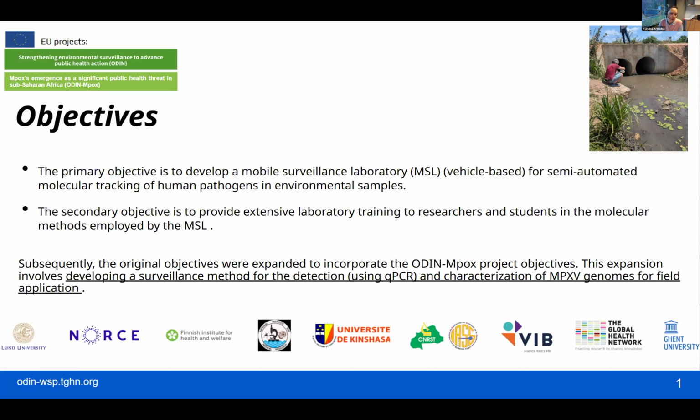The main objective is to develop a mobile surveillance laboratory for molecular tracking of human pathogens in environmental samples, and the secondary objective is to provide extensive laboratory training to researchers and students in molecular methods to be deployed by the mobile surveillance lab.